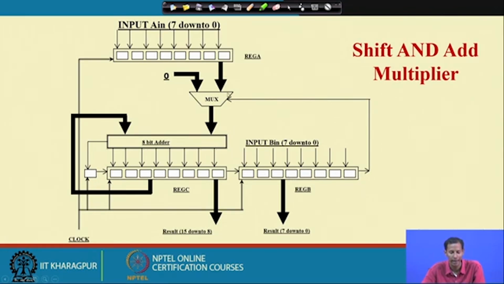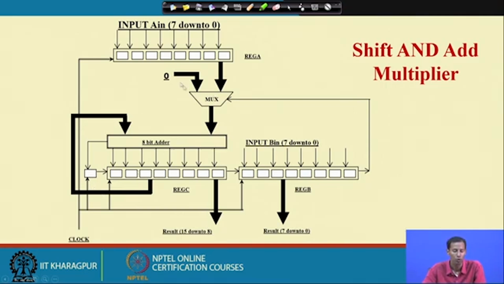Based on that, I am having one adder over here. One of the inputs to the adder is the corresponding shifted bit of A. Sorry, not the shifted bit.